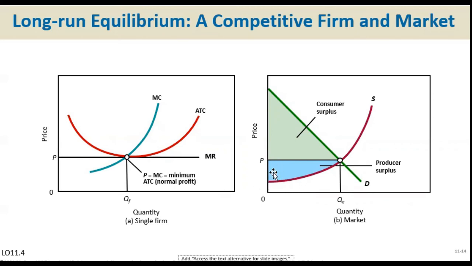At that point, this blue area represents the producer surplus. So when both efficiencies are realized, we say that both consumer and producer are better off. So the surpluses are maximized.